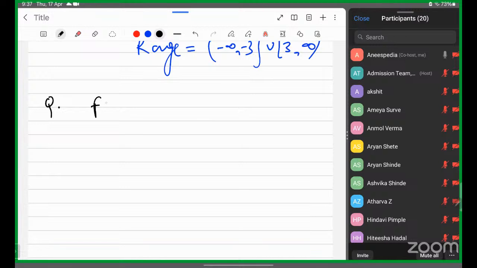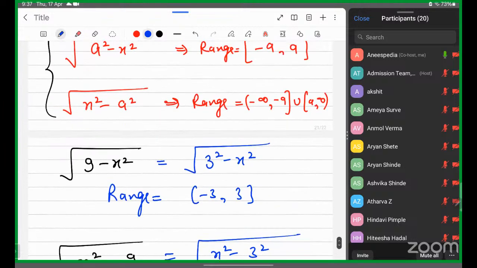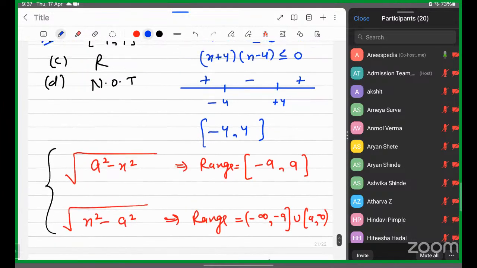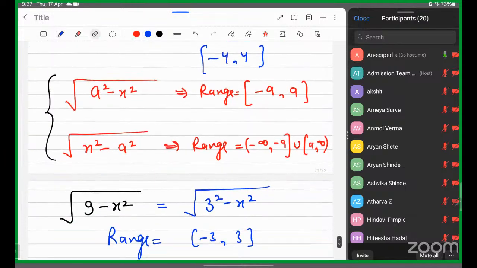Let's say the question is f of x equals 1 by root of 9 minus x square. What will be the domain in this case? Oh no, this is not range. This is domain.